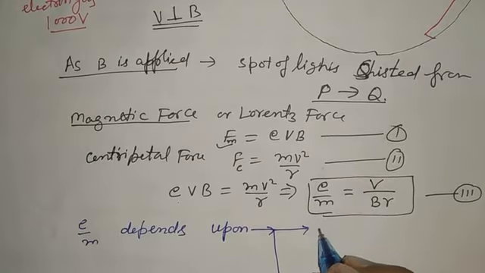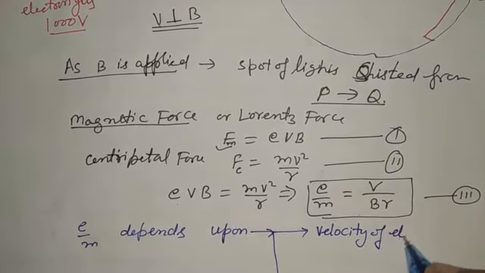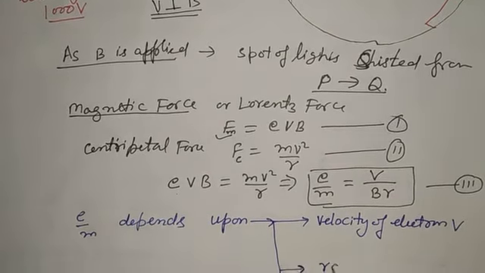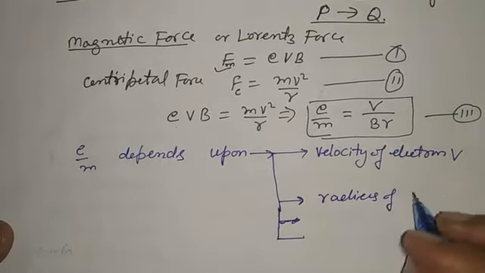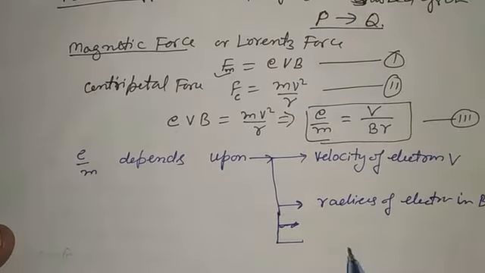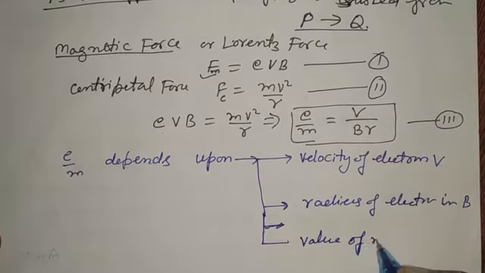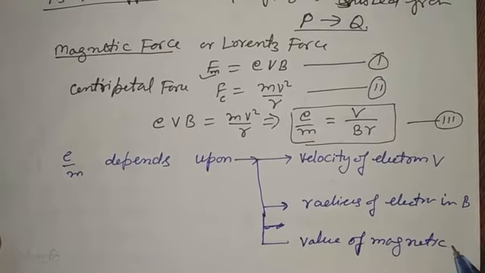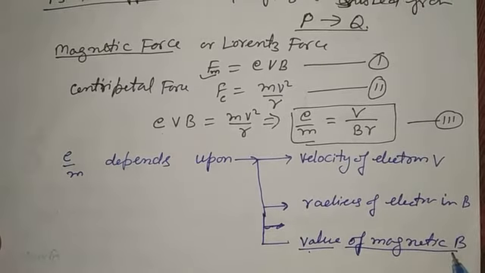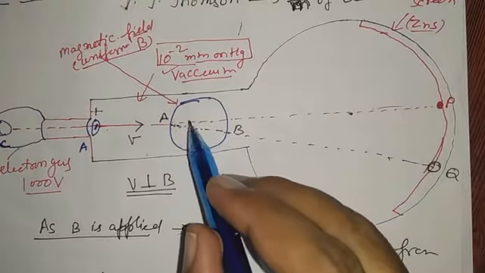That is, first, the velocity of the electron v, the radius of the electron's path in the magnetic field, and the value of the magnetic field B. See here the last factor, the magnetic field which we give here to represent it.